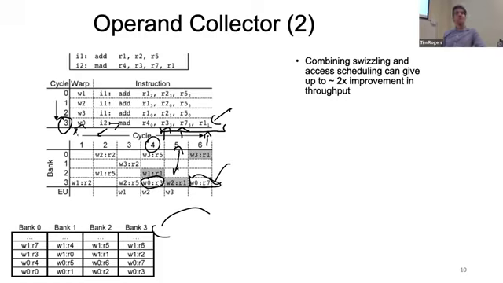Questions on this? Yep. So between banks, you overlap from different warps. Does that include the execution unit as well? In this example, we're assuming we just have one pipeline, one execution unit, and it's only ever used by one warp instruction at a time. So there's no situation where I can dual issue from the execution unit. You can't read from the same warp, right?